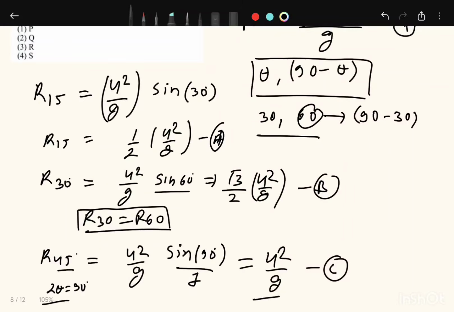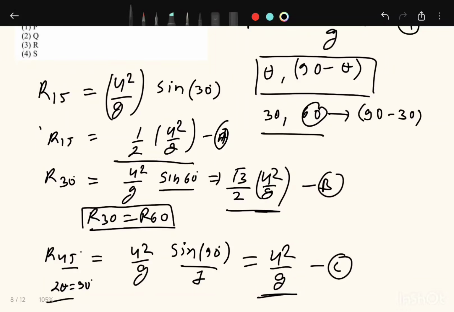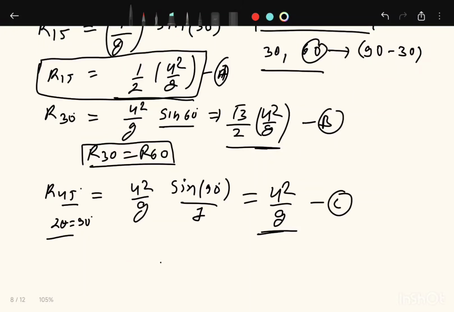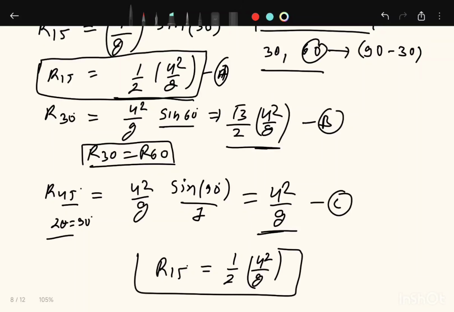So now you see R15 is half of u square by g, R45 is u square by g, and R30 and R60 is root 3 by 2 times u square by g. So what is the shortest range? You see R15, right? So R15 will be the shortest range. For 15 degree angle, the range will be the shortest, and how much is it? 1 by 2 of u square by g. Got it?